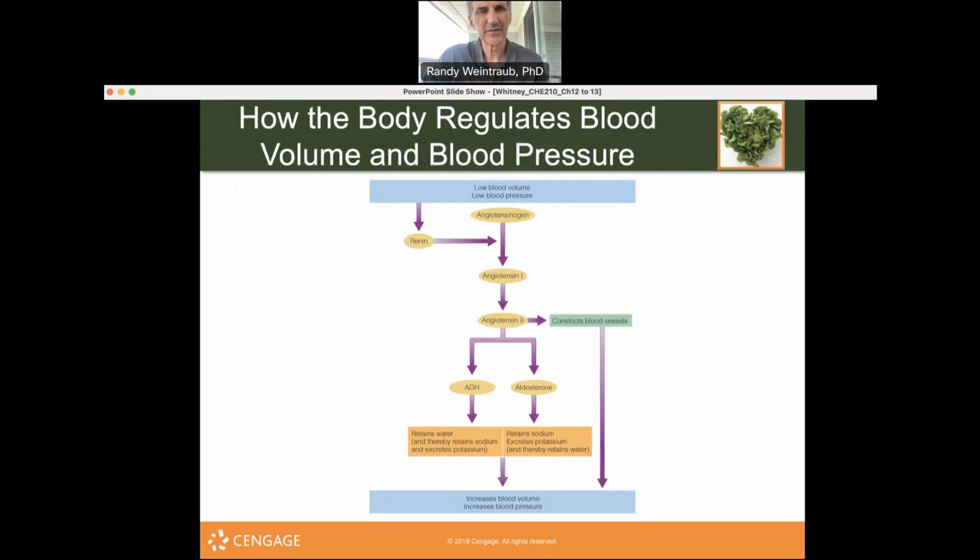When it's low, renin is released, converting angiotensinogen to angiotensin 1, which is converted to angiotensin 2, constricting blood vessels, increasing blood pressure, along with ADH and aldosterone, working on concentrations of potassium and sodium.